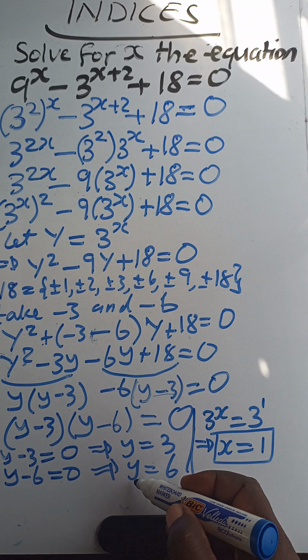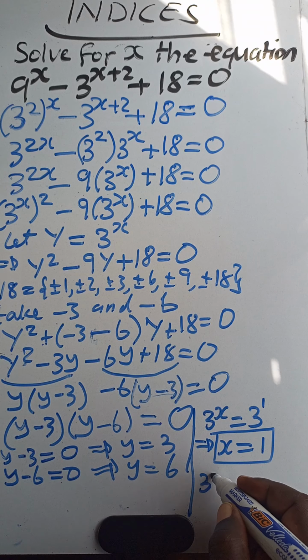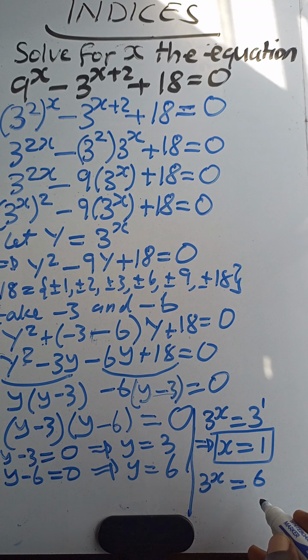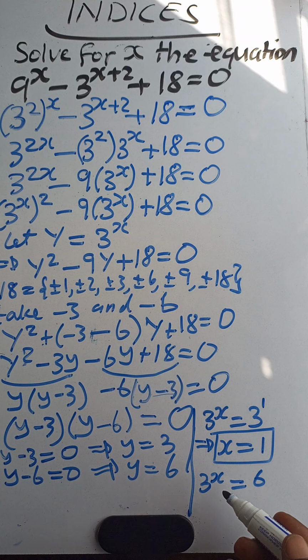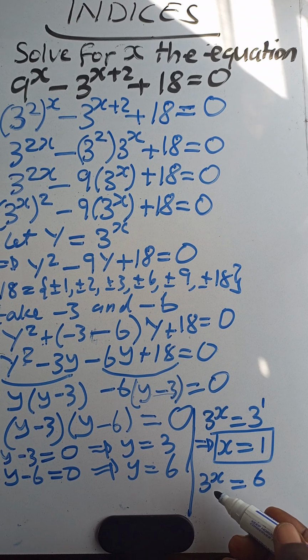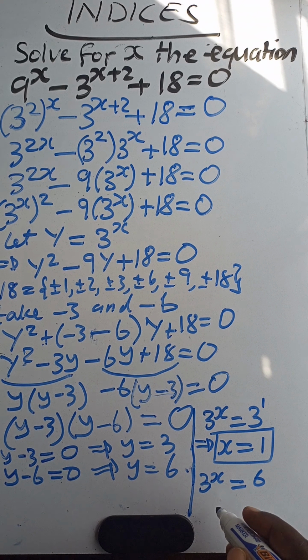We'll do the same thing here. Y equals 6. Y is 3 to the x. 3 to the x equals 6. 6 cannot be changed to an index number whose base is 3. So to get this x, what we have to do is to take logs. Take log of both sides.